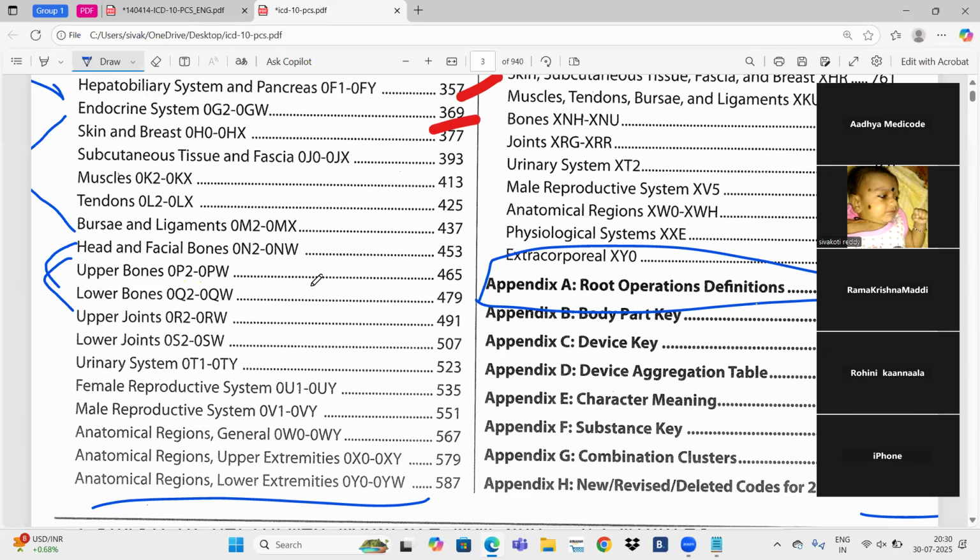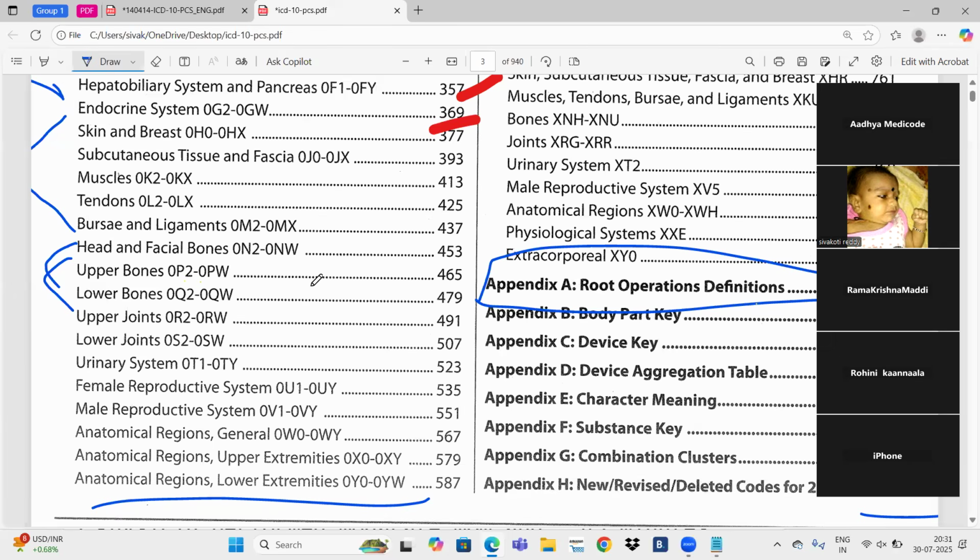Then for upper bones and lower bones, and upper joints and lower joints, what is the center point? Lumbar. Lumbar and above are upper bones, upper joints. Lumbar below are lower bones, lower joints.